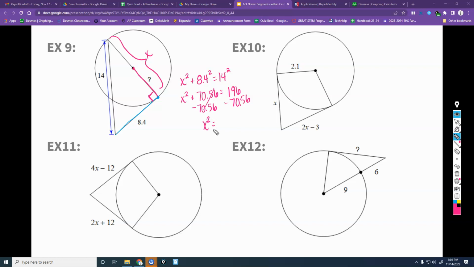Let's see. 196 minus 70.56 is going to be 125.44. And then we square root both sides. We're going to get 11.2.